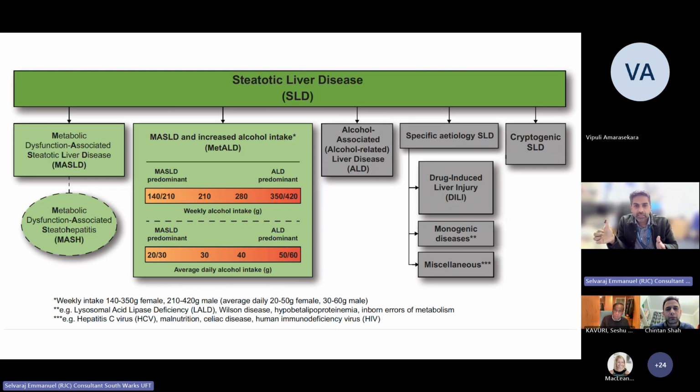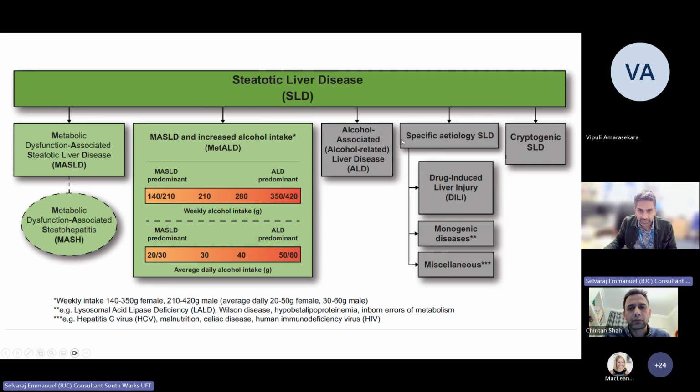So if they are drinking, say, more than 50 units a week in men and 35 units a week in women, then they go into here, alcohol-related liver disease. If they're drinking within the recommended limit, so within the 14 units of alcohol per week in the UK, then they go into this, which is metabolic dysfunction-associated liver disease.